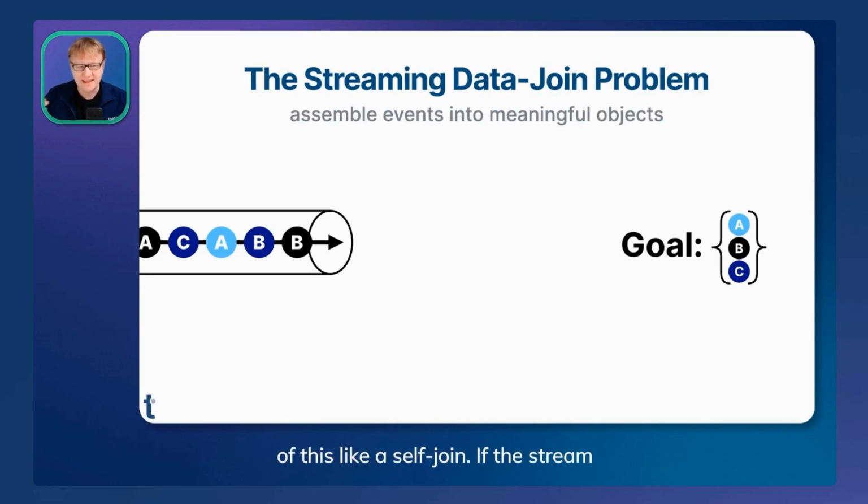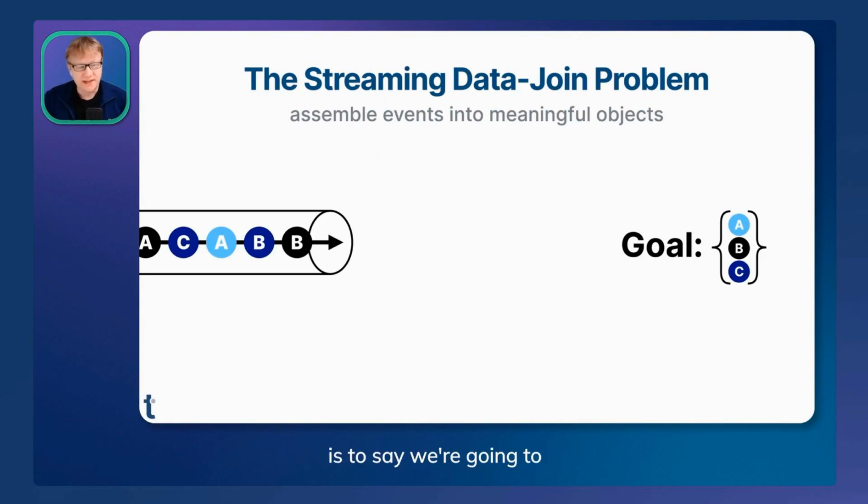You can kind of think of this like a self-join. If the stream is a table, you're joining it to itself. But what makes this challenging for stream processing is you're joining it to itself over time. And so there's the history of what you've seen before that you need to have in order to understand, well, what do I do with the next thing?